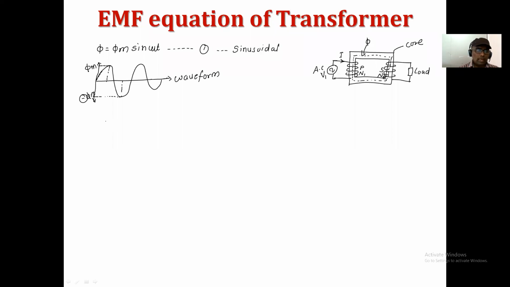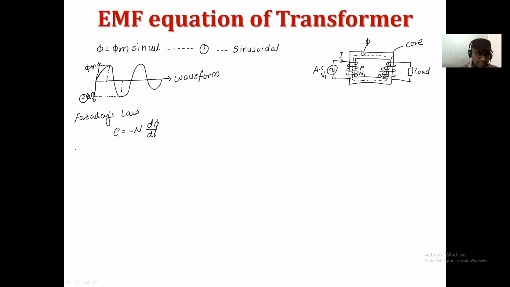Now, according to Faraday's law, as you know, induced EMF E is equal to minus N d phi by dt. Out of that, what is this N? N is the number of turns. And what is this E? E is nothing but the EMF induced in the total number of turns.